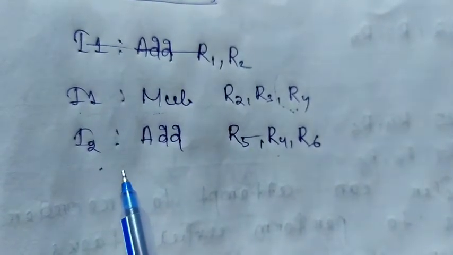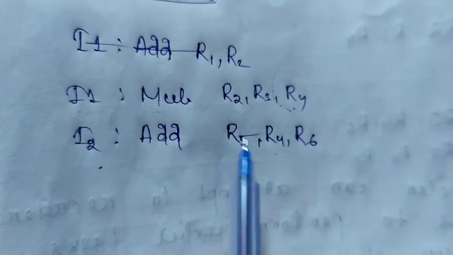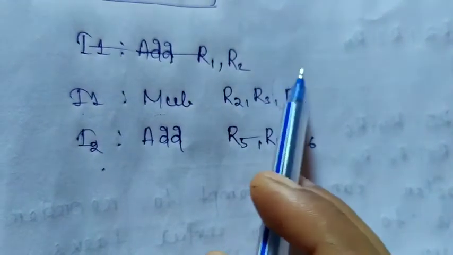an instruction changes the content of a register other than the one named as the destination. Okay, let me write it.